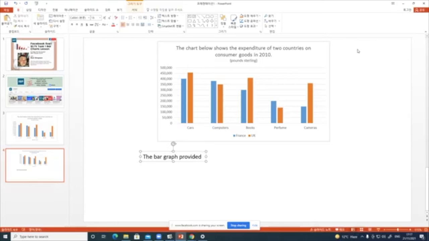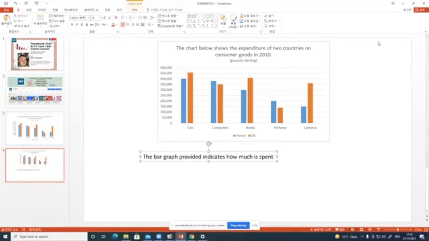Shows, or what can we say instead of shows? Indicates. Let's use that one instead. I think it's better anyway. It's more formal. How much money, or how much, maybe we can even get rid of money. How much is spent?